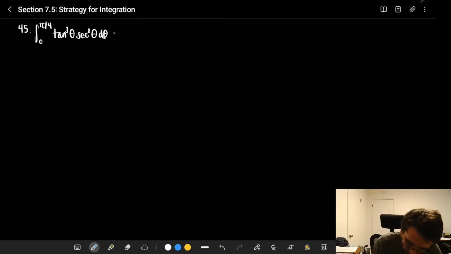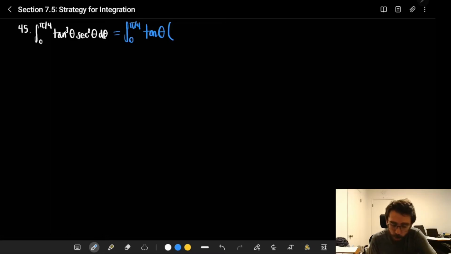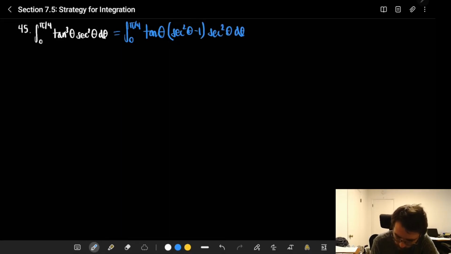So this is 0 to pi over 4. Yeah, we're doing something like this. Save one tangent, and then tangent squared, I just said, was secant squared minus 1. And you still have the secant squared out here. And then we ask if this looks nice enough to integrate. It might not, but who knows.